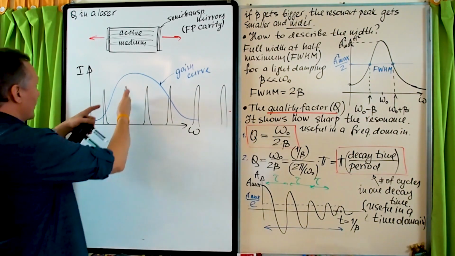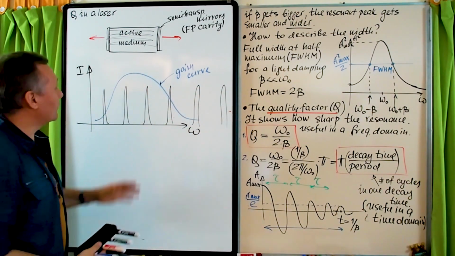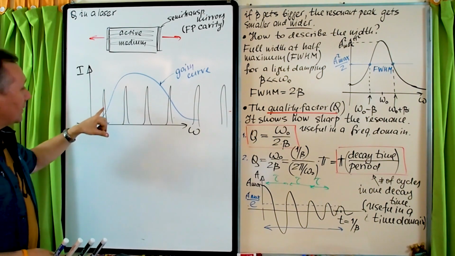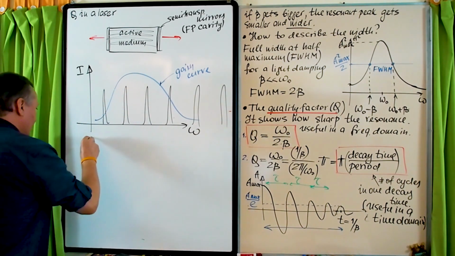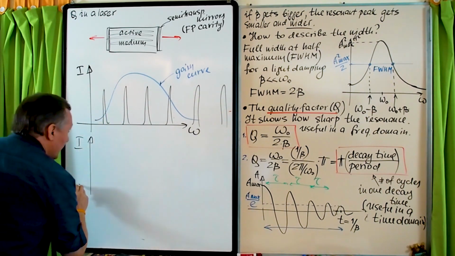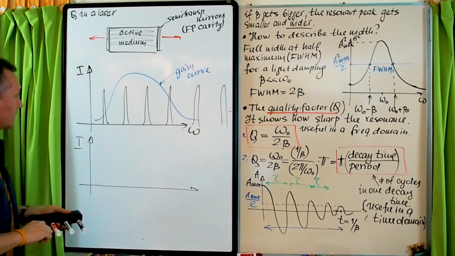So the active medium produces this gain curve, but the Fabry-Perot cavity allows only light at these frequencies to exist. As a result, at the output of the laser, you're getting only a discrete set of several frequencies.